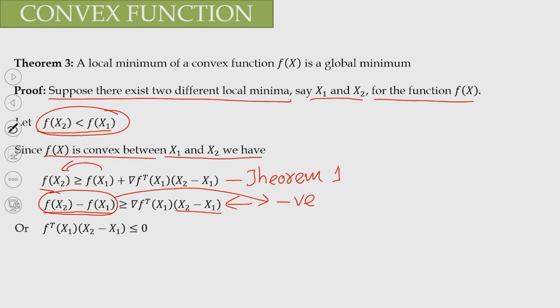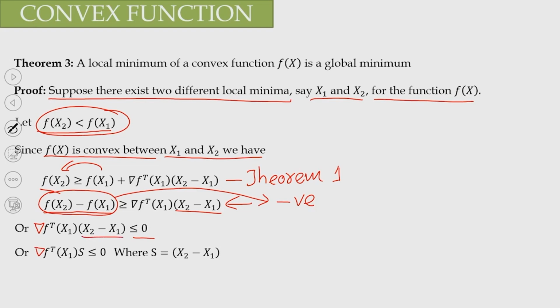Therefore, del f transpose x 1 into x 2 minus x 1 is less than or equal to 0, because f of x 2 minus f of x 1 is negative. Sorry, I did not write del here. Now, what is this?